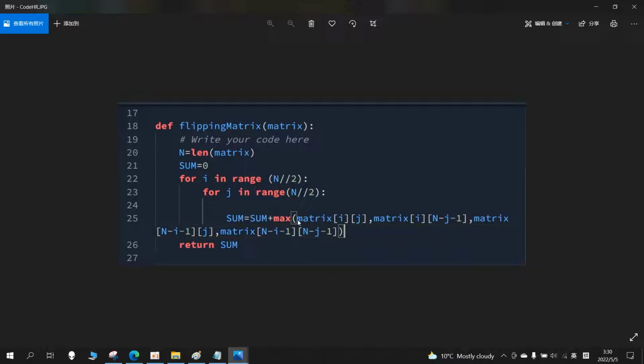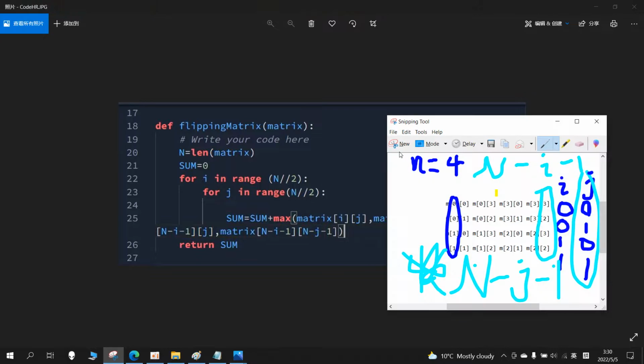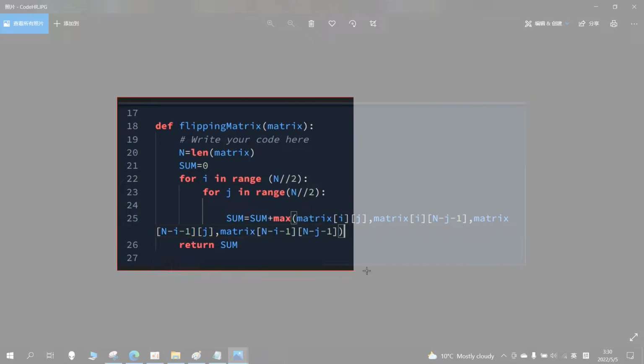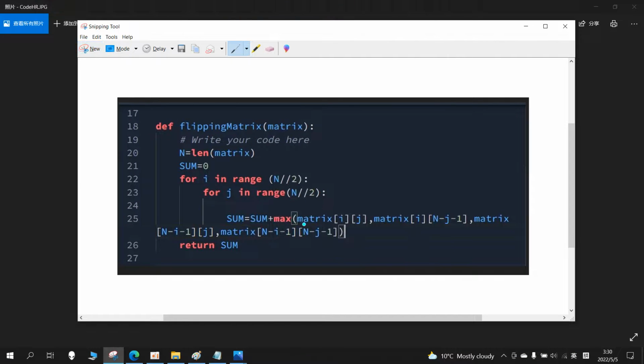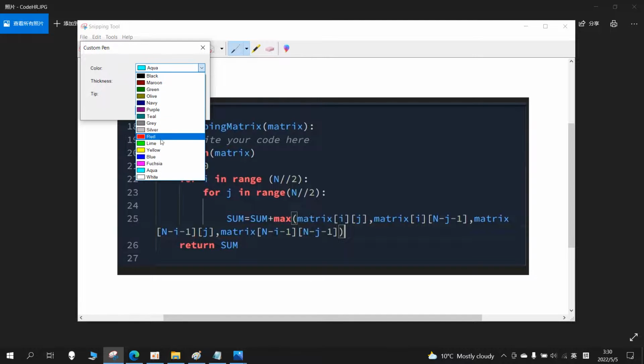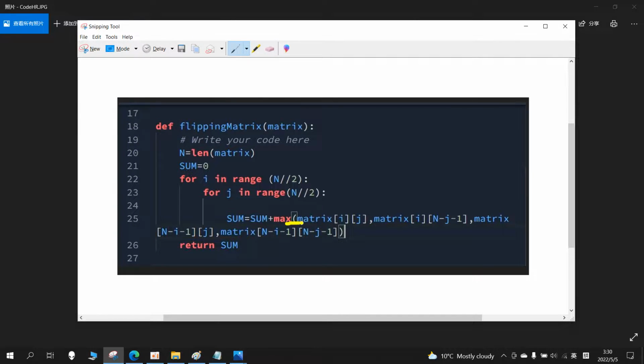And then after we confirmed, maybe again let's take this one. So in this code, after we confirmed the number of the digits, we use the max function to find the largest value among these four values.